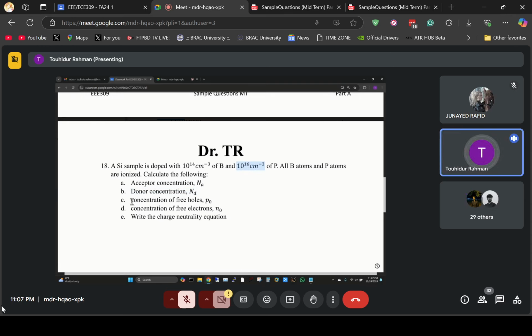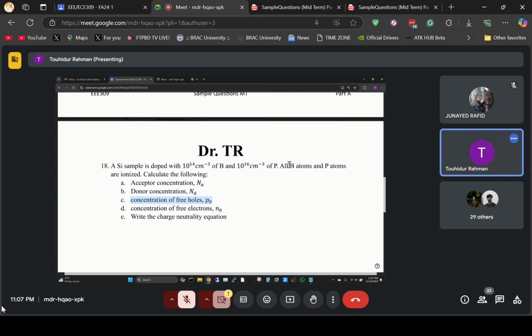Now, next one is the concentration of free holes. Since boron atoms are all ionized, they provided all the holes available from the boron atoms.